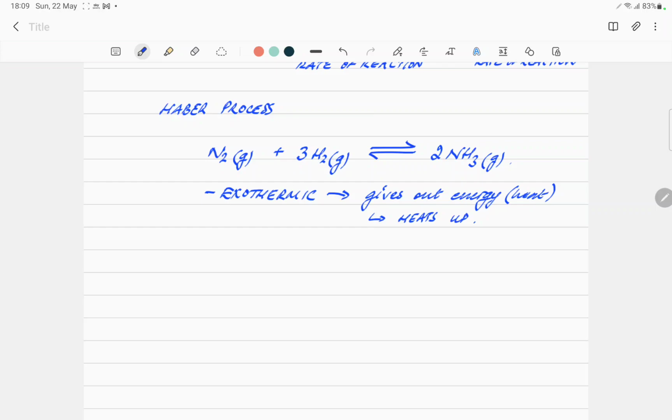If conditions are changed, then the equilibrium position also changes.